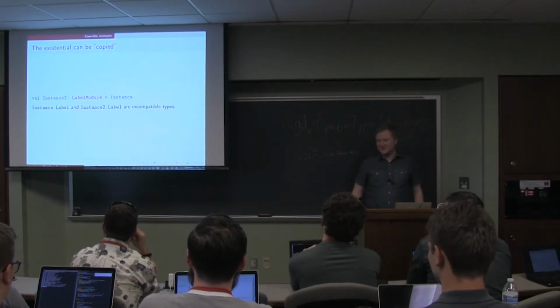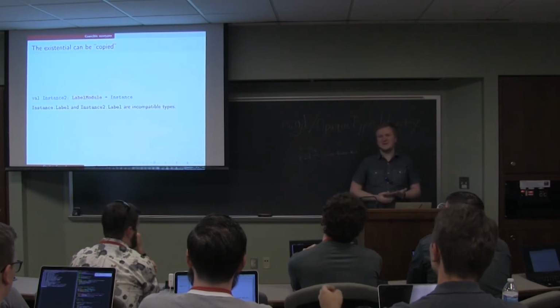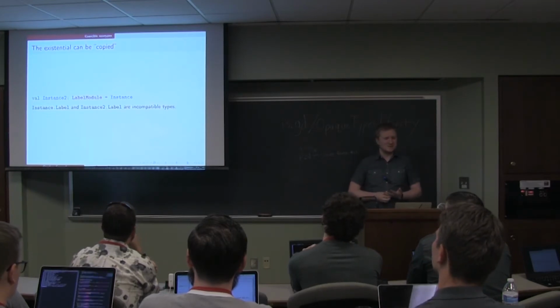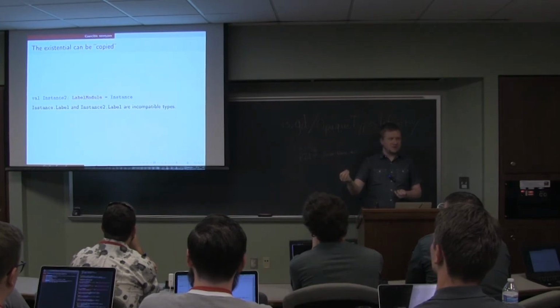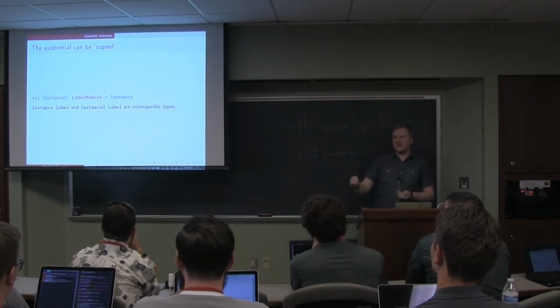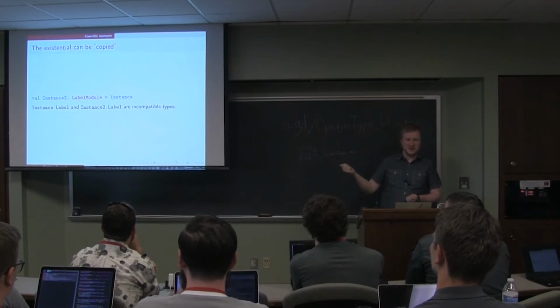There are other weird behaviors that come from it being existential. In this case, I've sort of copied the module. I've taken the same structure from the first val binding, and I've put it in a different val binding, and then I use the signature to ascribe it again, : Label module.